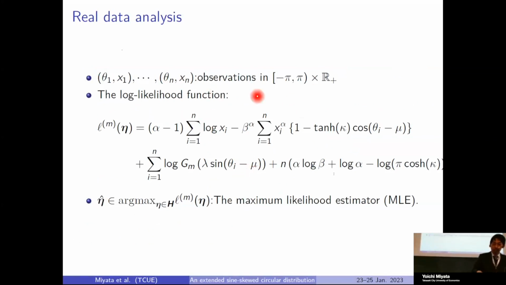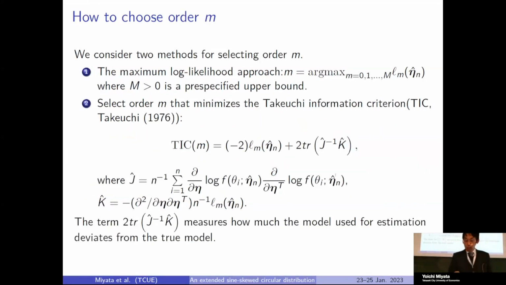This is a log likelihood function, and this is a maximum likelihood estimator. To obtain the estimation, we need to choose the order m. So we consider two methods for selecting order m.